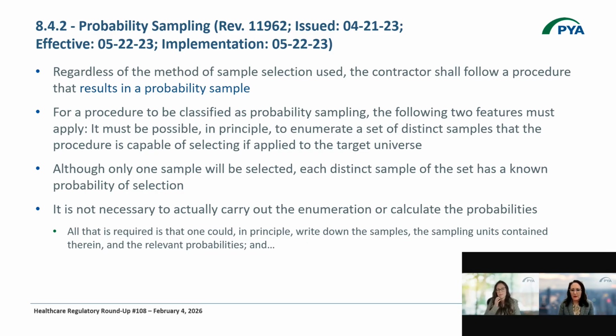One of the things here that I'll note is that it's saying that basically no matter which method you use, you have to result in a probability sample. Now, that is actually not possible in every case. When you have data that is not possible to knowingly sample, which means you have a data set and you think you have Medicare data and you start sampling that data in your probe and you realize there's actually other payers in this data, even though my data set says Medicare, it's actually other payers.